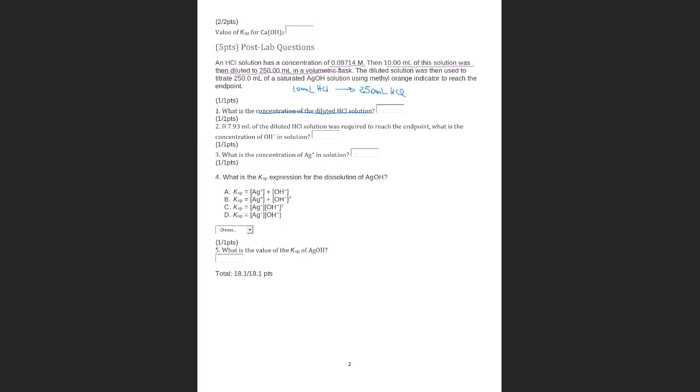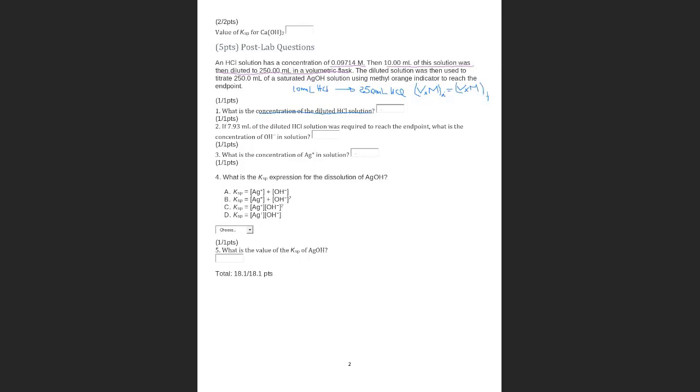So what is the equation for a dilution? Again, the same thing. Volume times molarity. In a dilution, initial volume times molarity equals the final volume times molarity, right?